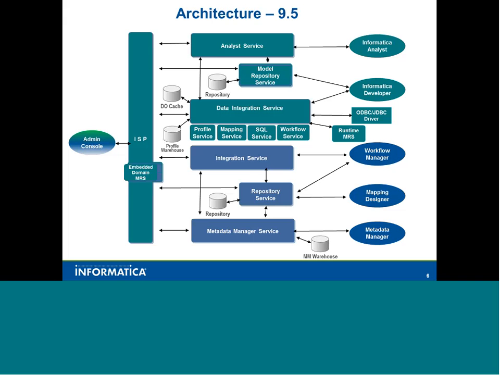So starting 9.x, we had to re-architect the whole product to support an open architecture, wherein given any service, we should be able to plug and play. That was the fundamental driving force for this new 9.x architecture. Again, as you know, over the years, Informatica has been expanding the product line. So we need to bring everything under a single UI for customers.